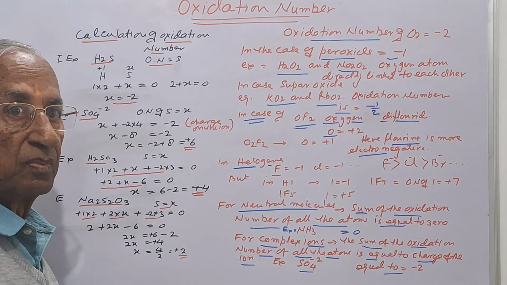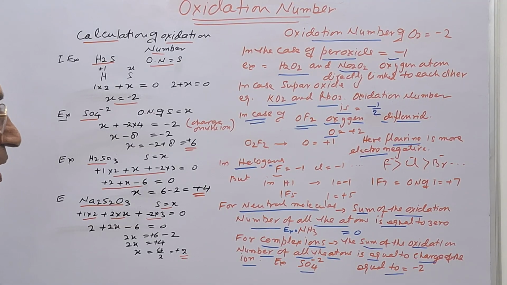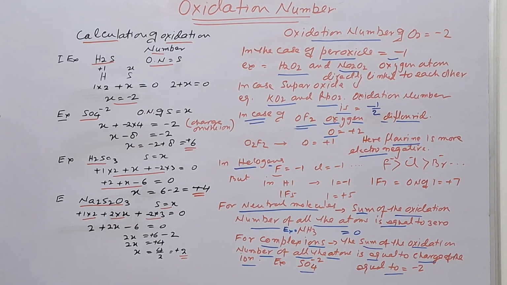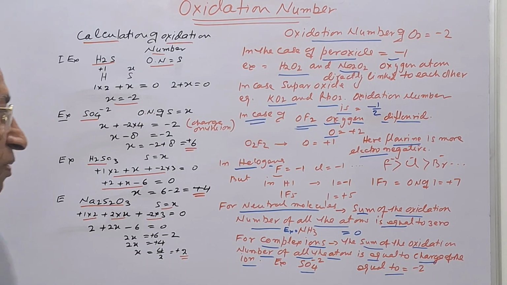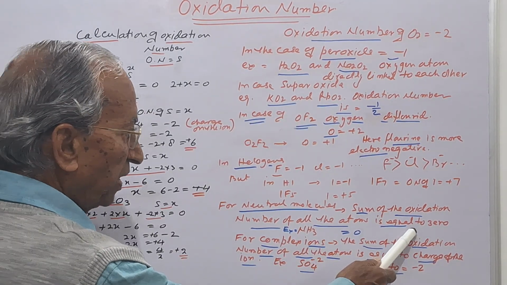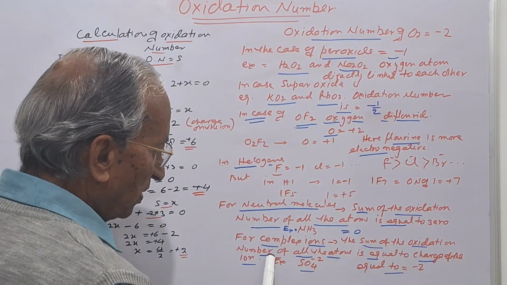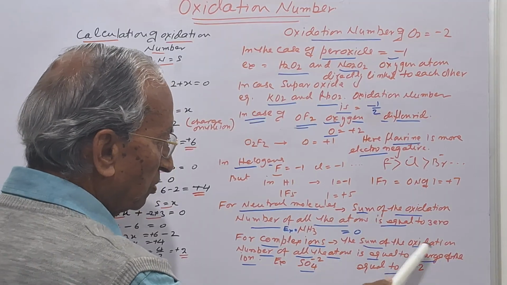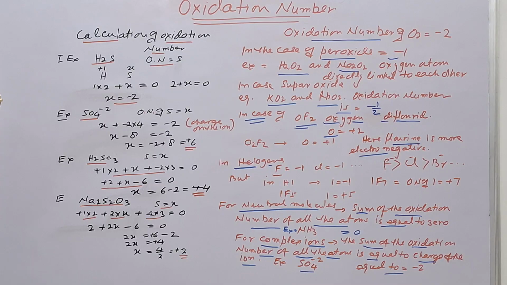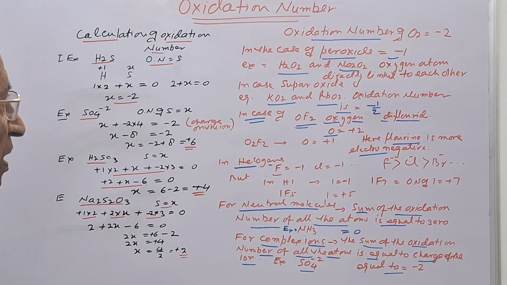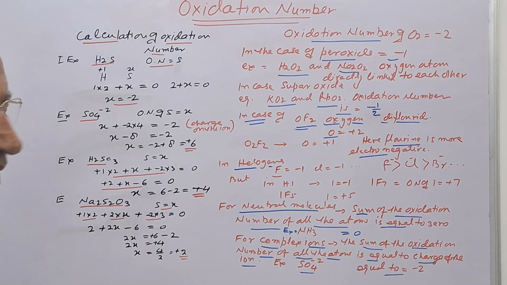If an atom is more electronegative, the oxidation number is negative, and if electronegativity is less, the oxidation number will be plus, and for neutral molecules it is equal to 0, and for complex ions the sum of the oxidation numbers of all the atoms is equal to the charge of the ion. Okay, so go through it properly and understand the oxidation number. I think it will be clear to you.